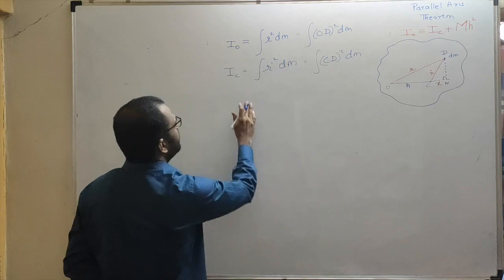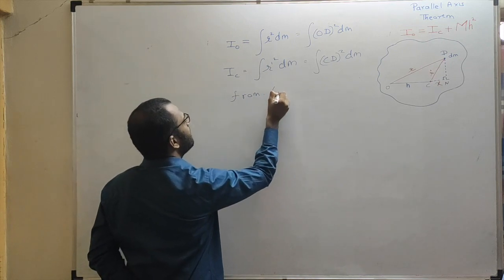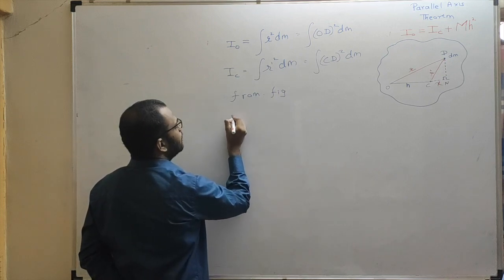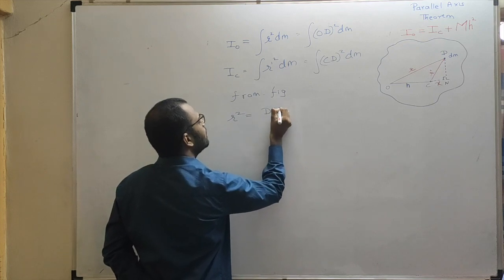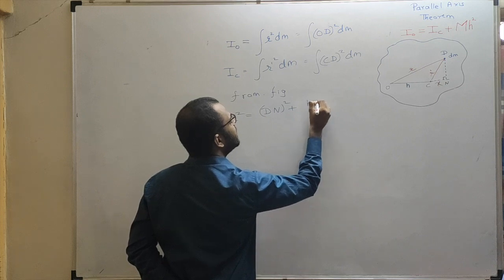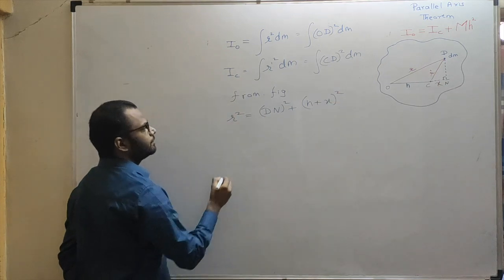Okay. Now from the diagram or from figure, what do I have? R square is equal to what? DN square plus (h plus x) the whole square.